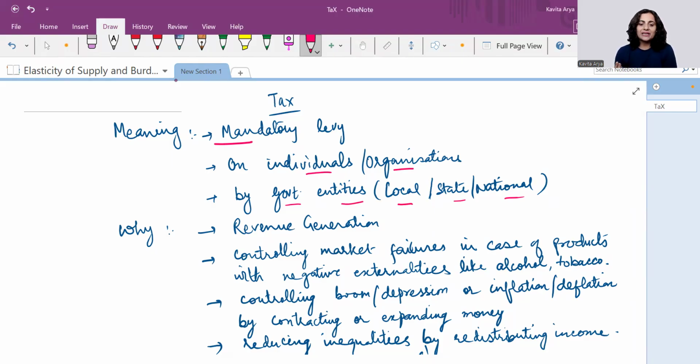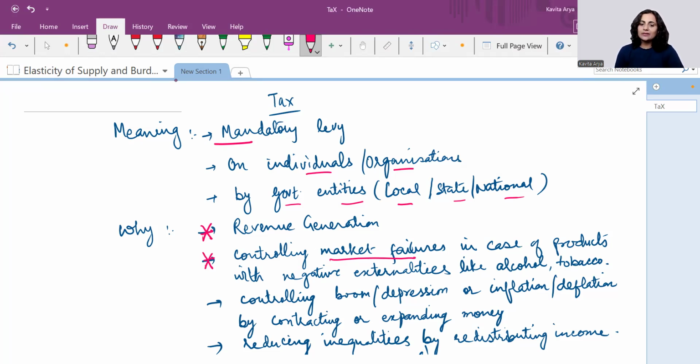So why does the government impose taxes? It's a great source of revenue for the government, right? Then to control the market failures. Market failures means when the demand and supply forces in the free market determine the quantity of some goods which have a negative impact on the society and which should be less produced, right?